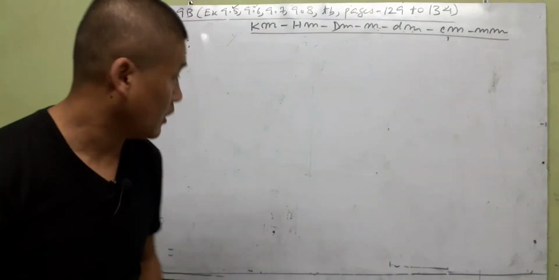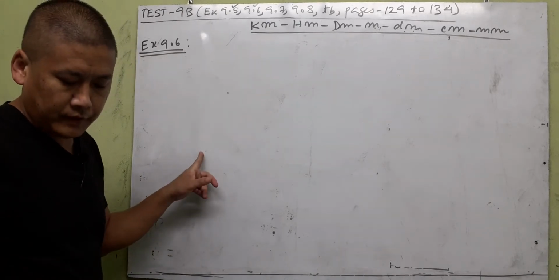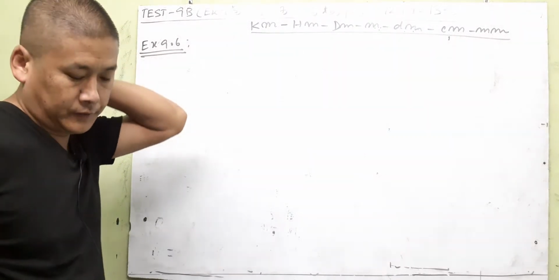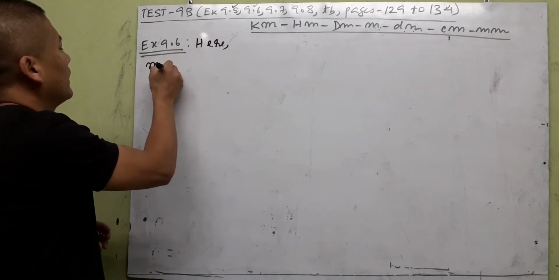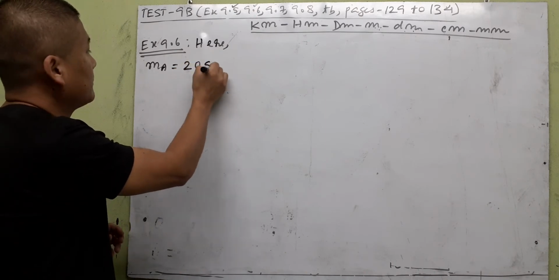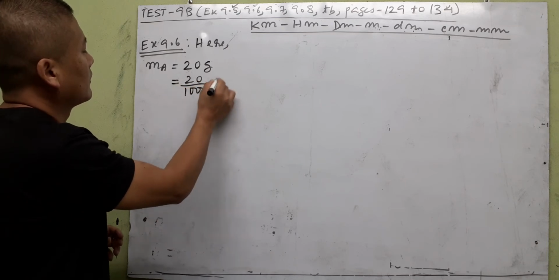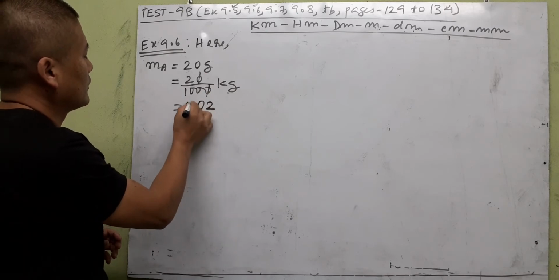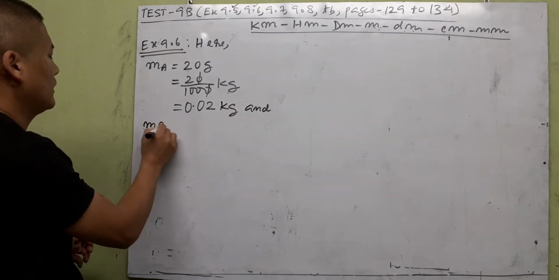I read. A bullet of mass 20 gram is horizontally fired with a velocity of 150 meters per second from a pistol of mass 2 kg. So here, as we read the question very clearly, let us denote MA equal to mass of the bullet, 20 gram, which has to be changed to SI unit by dividing by 1000 to kg. So these two zeros cancel, so 0.02 kg, and MB is equal to 2 kg.